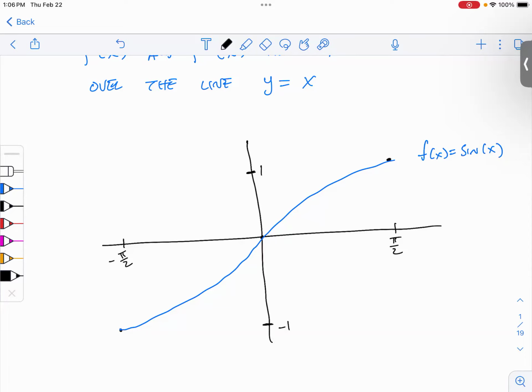But the inverse function will then look really, really similar, with all the same corresponding values.